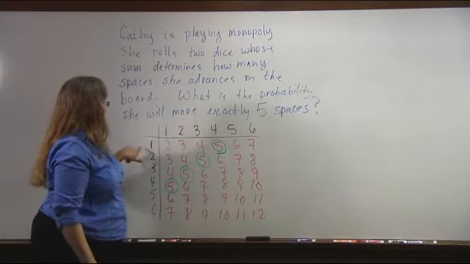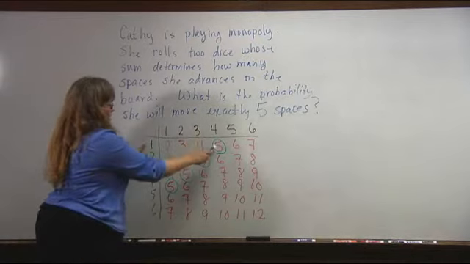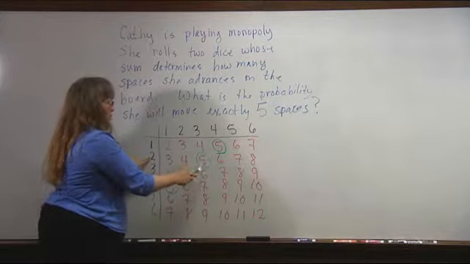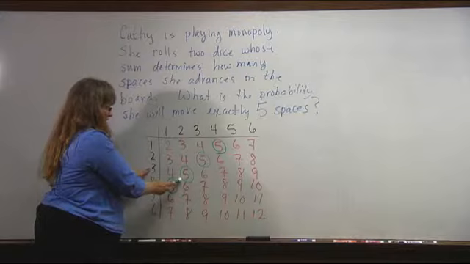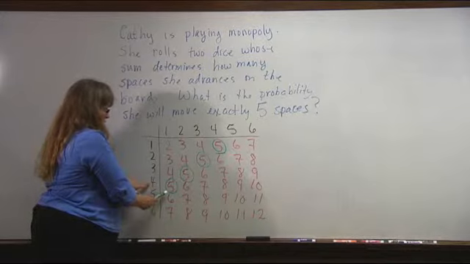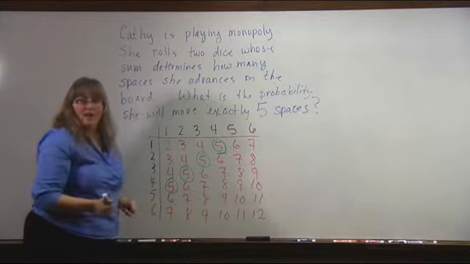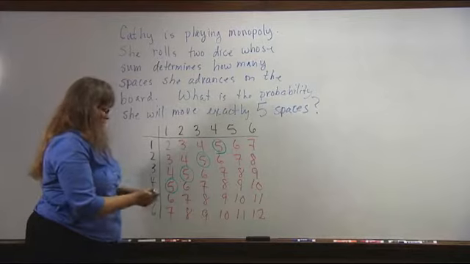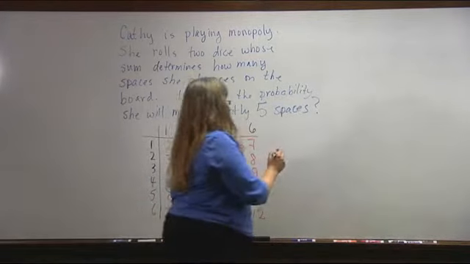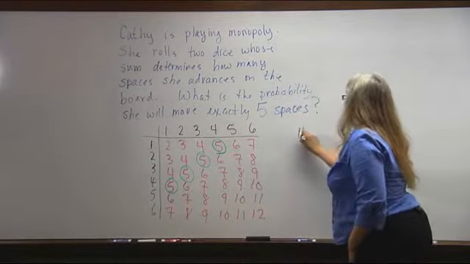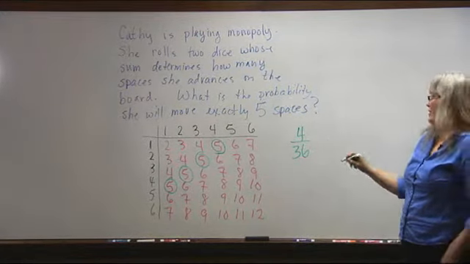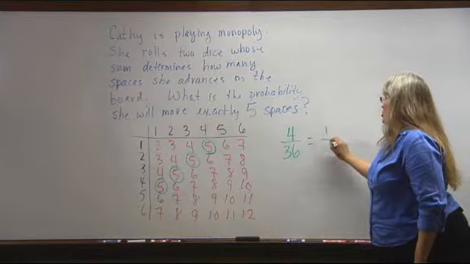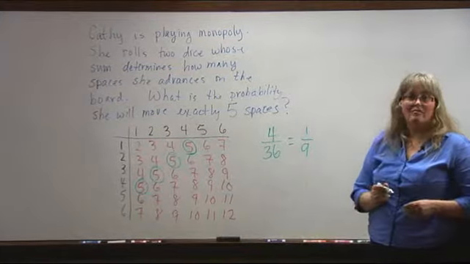And you can see that we could roll a 1 on one die and a 4 on the other, a 2 on one, a 3 on the other, a 3 on the first die, a 2 on the second die, and a 4 on the first die and a 1 on the second die. So we have a total of 4 out of 36 ways of moving exactly 5 spaces, and this reduces to 1/9.